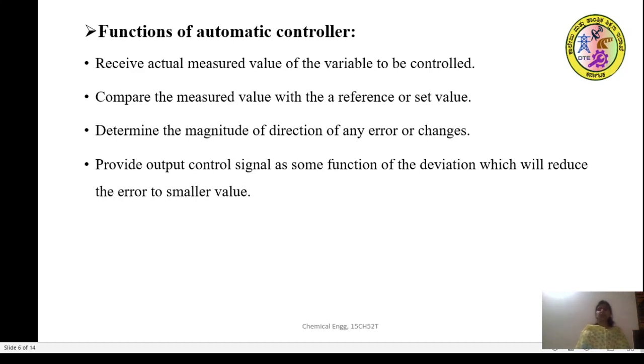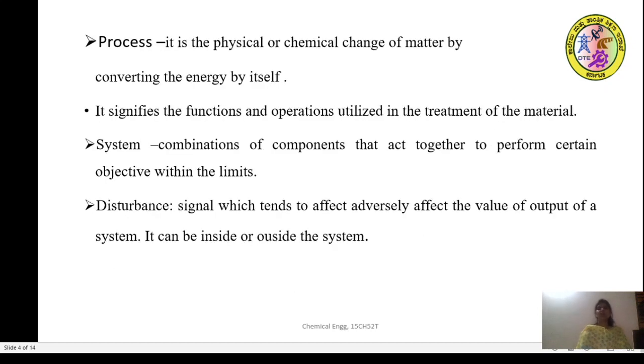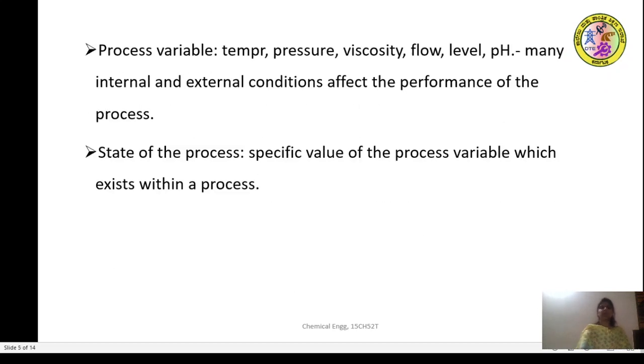So these are the points you need to know before going to what is automatic control, what are the different types of automatic control, what are the functions of the automatic controller, and what are the different types of automatic controller systems. Before going further, you need to have a thorough understanding of what is an automatic controller, what is the process, what is the system, what is the disturbance, what is the process variable, what is the state of the process.